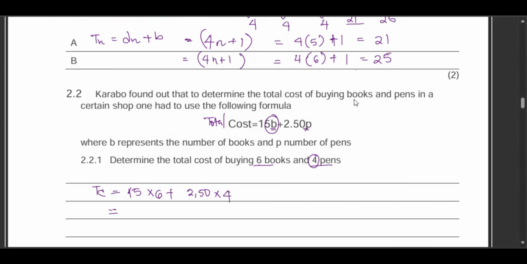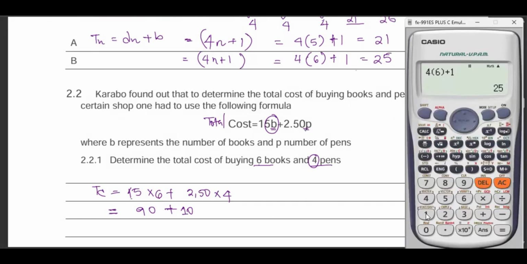Don't forget, just put it in your calculator: 15 times 6 plus 2.50 times 4, which is 90 plus 10 rands, and you get 100.